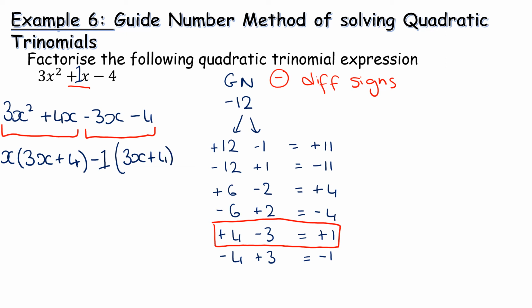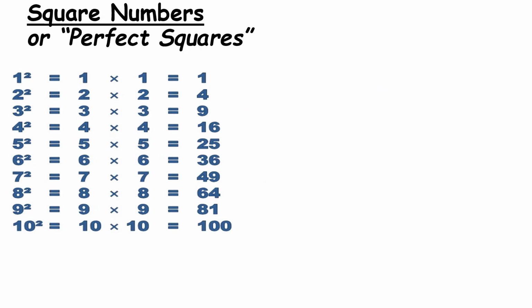Double check your brackets are the same, they are, and then we have 3x plus 4 times x minus 1. So just be careful when you have a negative guide number. The fact that the factors will have different signs does add an extra layer of complication, and it's easy to come up with maybe the right number but with the wrong sign.